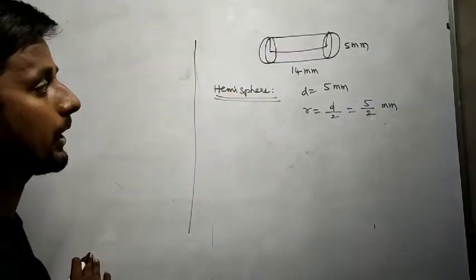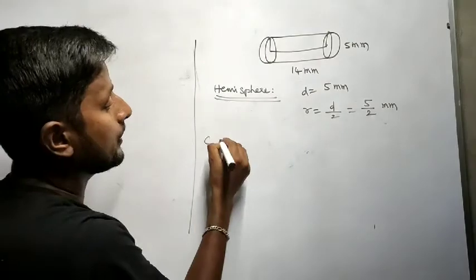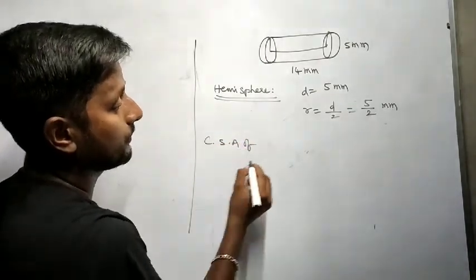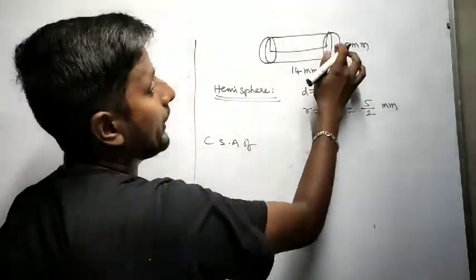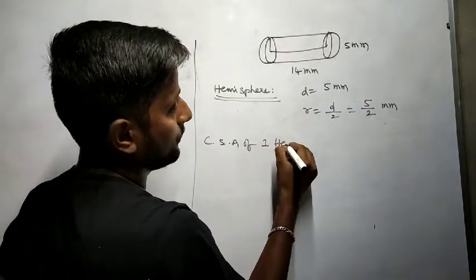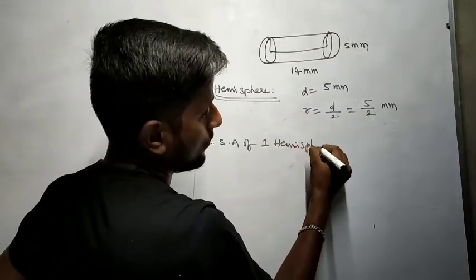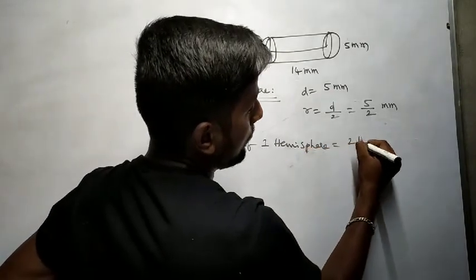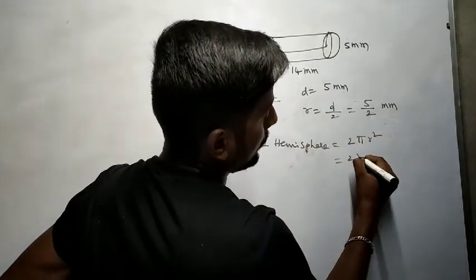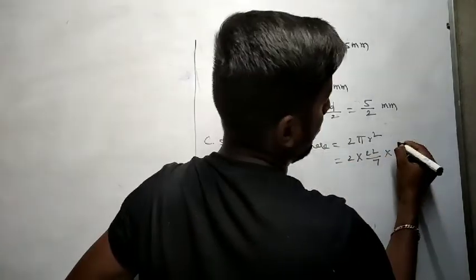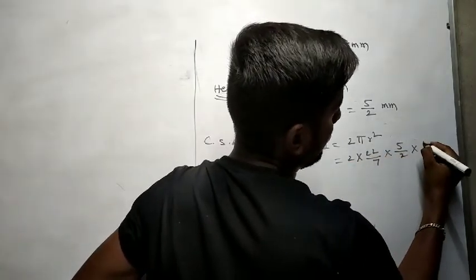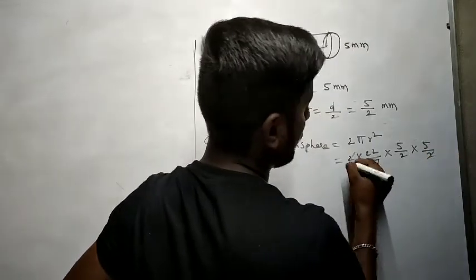Next, CSA of one hemisphere is 2 pi r square. So 2 into 22 by 7 into 5 by 2 into 5 by 2. 2 and 2 get cancelled.